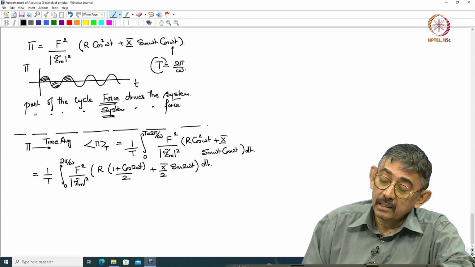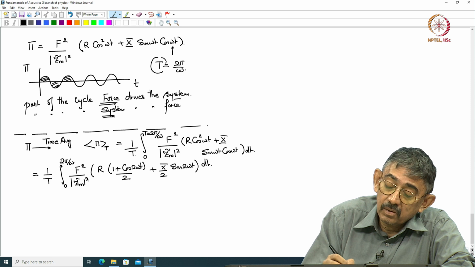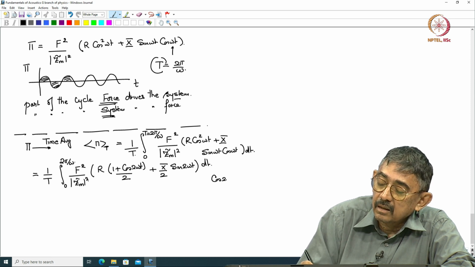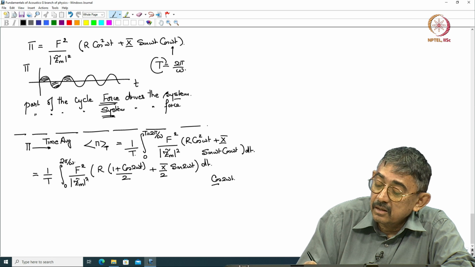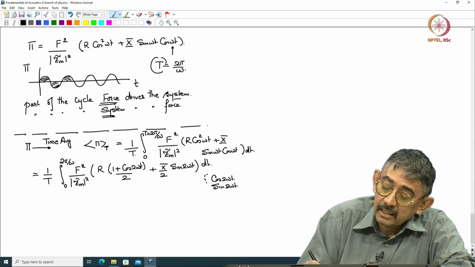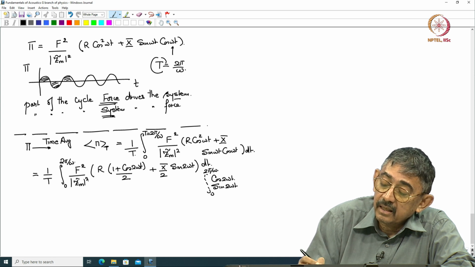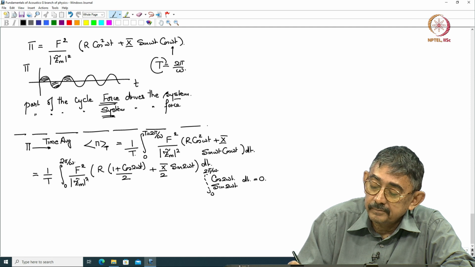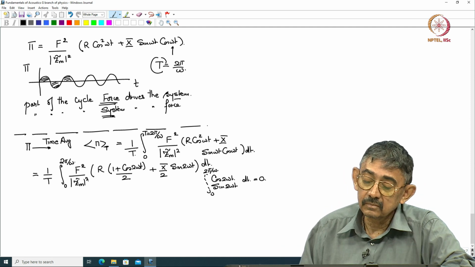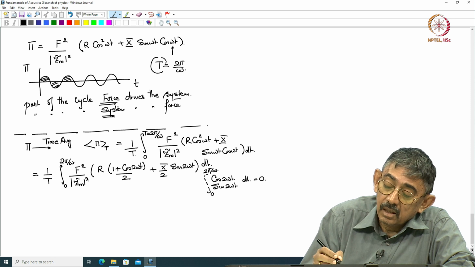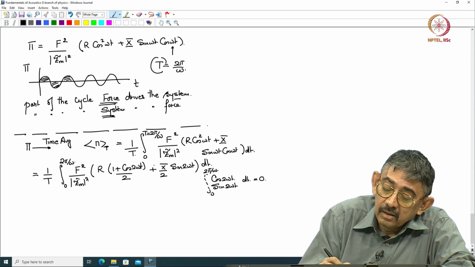Now, we should know that cos 2 omega t and sine 2 omega t, when these are integrated over 2π by omega, or one time period, they go to 0. So this goes to 0 and this goes to 0.